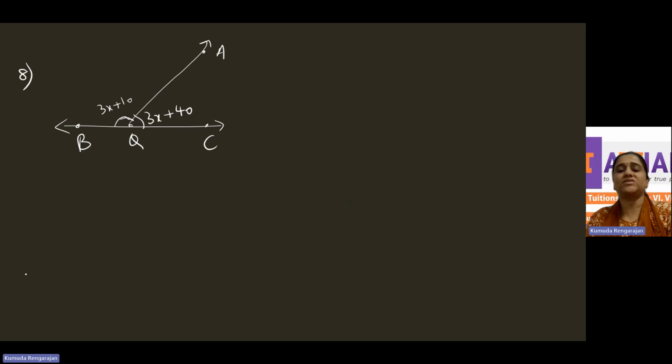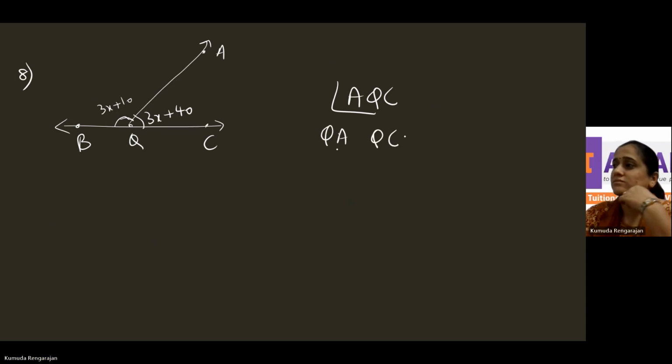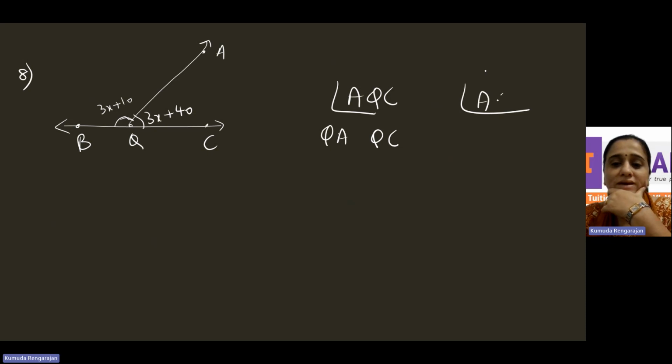Which are the arms of angle AQC? QA and QC, from the vertex. Which are the arms of angle AQB? QB and QA, correct?